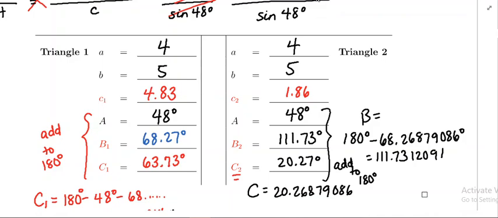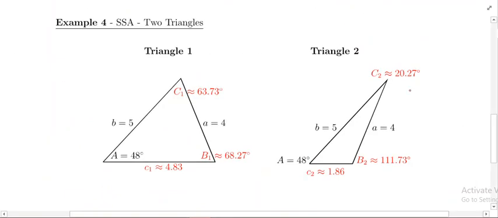If you go to page 6 of the notes, under example 4, side angle, 2 triangles here, you can see the 2 different triangles. In both triangles, I have an angle of 48 degrees. Angle A is 48 degrees, that's this angle. And then the side length across from angle A, side length A, is 4 units long.